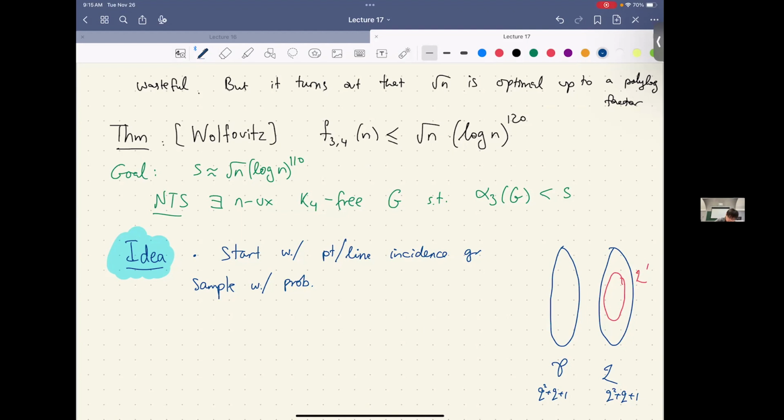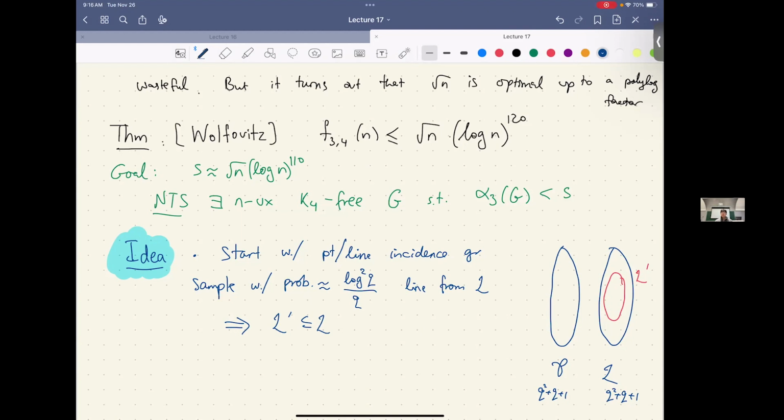Sample lines from L, and what you get is a random subset L prime of L.